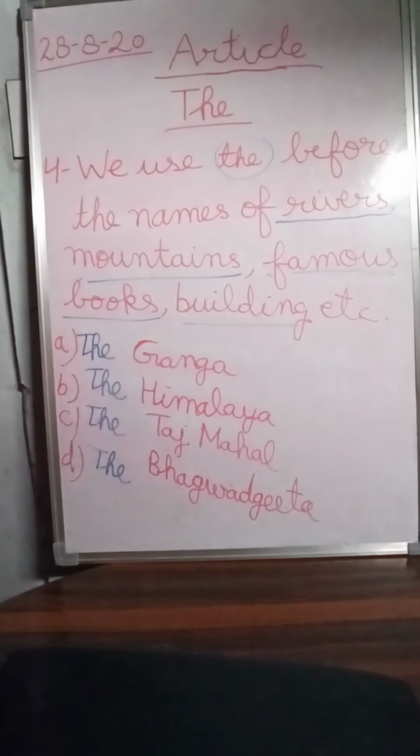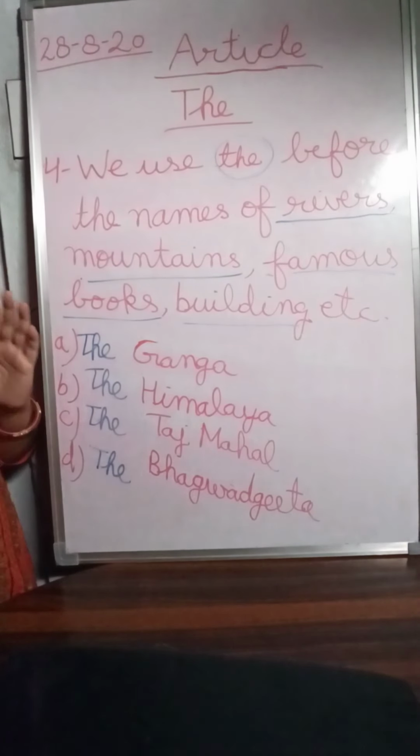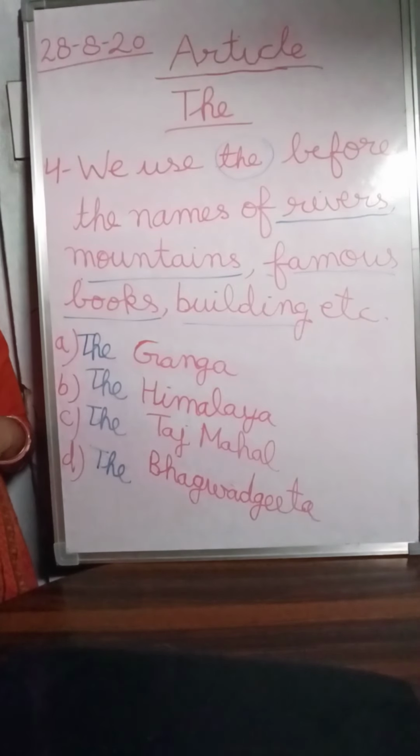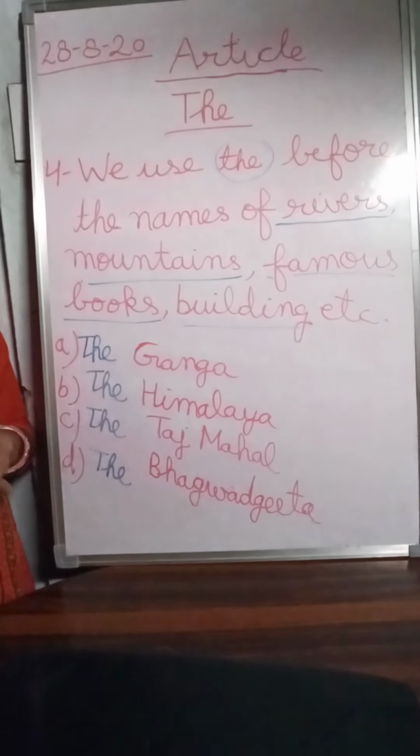So I think all these rules are very clear to you. I have explained in a very simple language so that each and every person can understand it. So can you see, all the rules in grammar are very easy. But the thing is that we are not aware of the basics of English grammar, so we find it difficult.